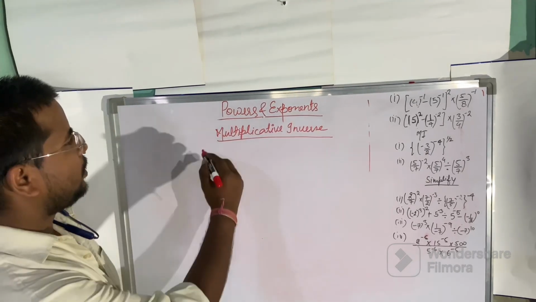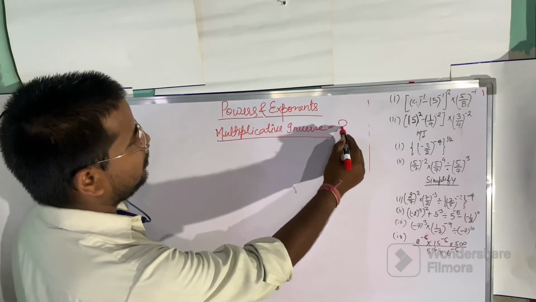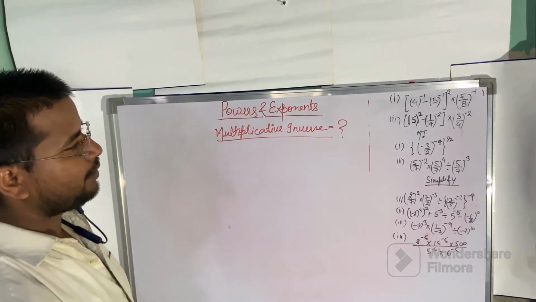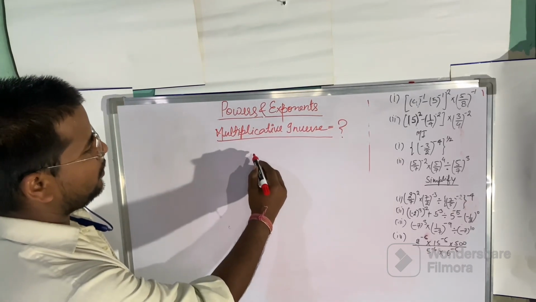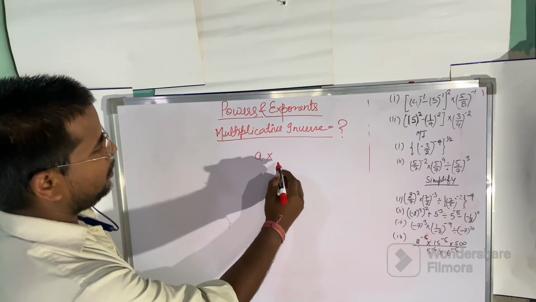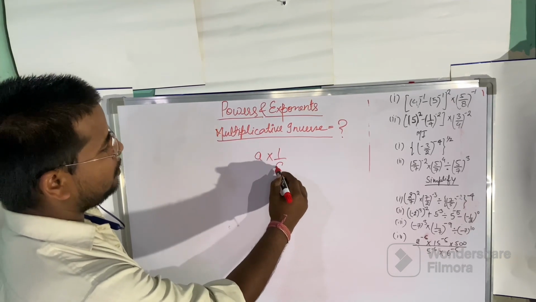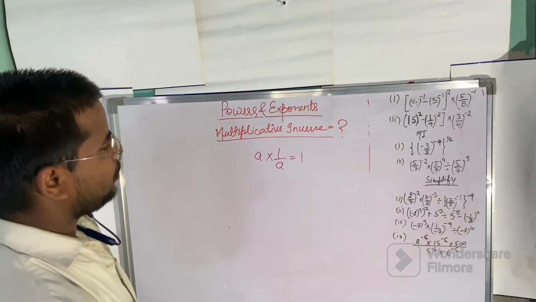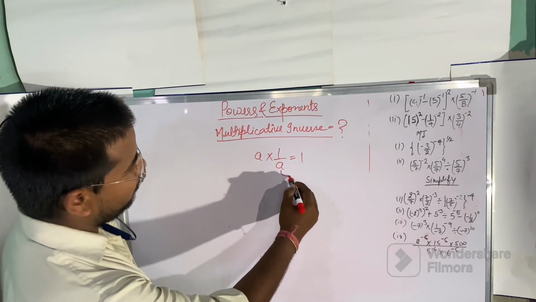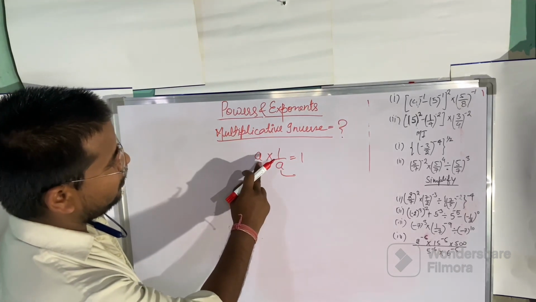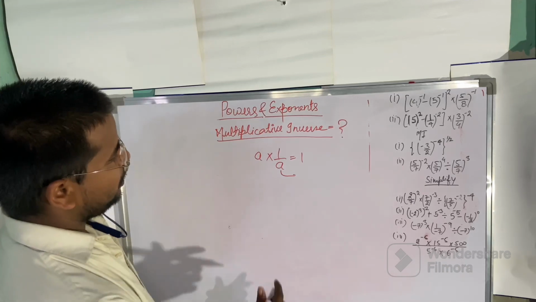Okay, multiplicative inverse. What is the multiplicative inverse? If the multiplication of two numbers is 1, then 1 by a is called the multiplicative inverse of a.